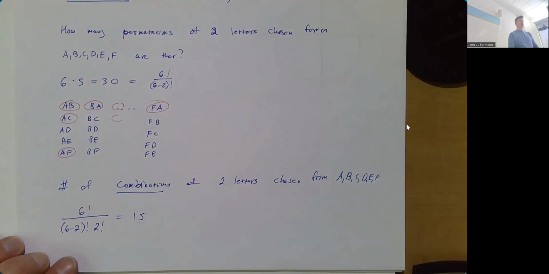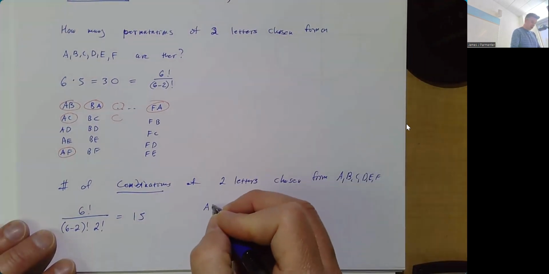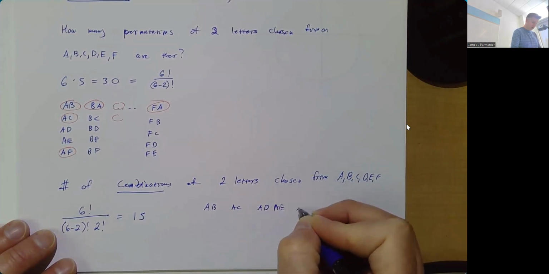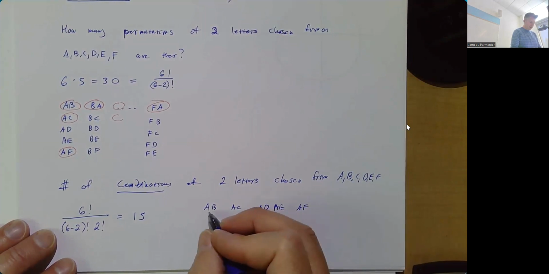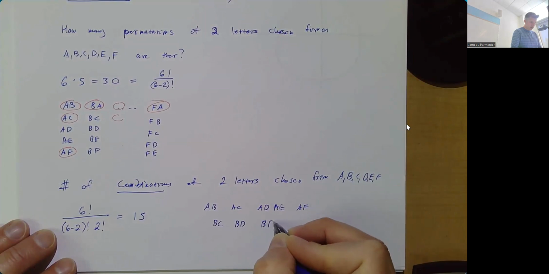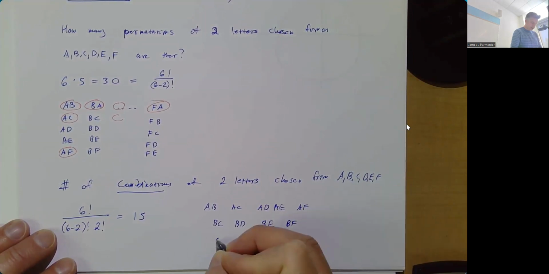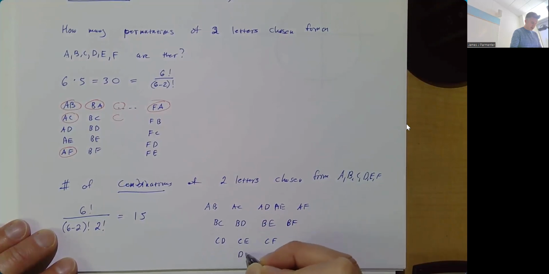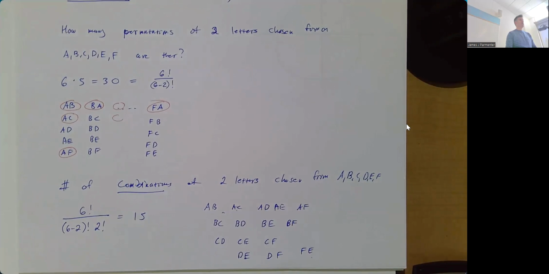Which you could totally list, right? AB, AC, AD, AE, AF. I've already done AB, so BC, BD, BE, BF, CD, CE, CF, DE, DF, EF. 1, 2, 3, 4, 5, 6, 7, 8, 9, 10, 11, 12, 13, 14, 15, all 15 of them.